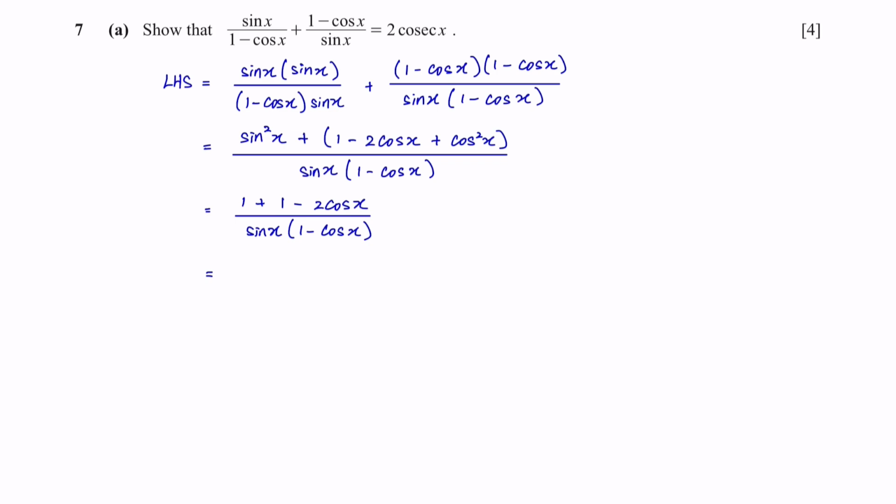So for the numerator, we can actually factorize the 2 out, and we would have 1 minus cos x. Denominator stays the same.